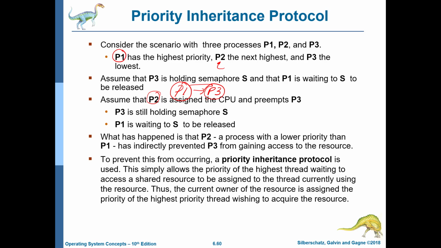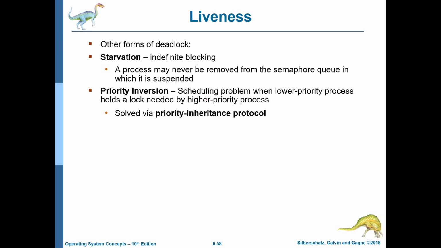That until P3 is using the semaphore, it will run with a high priority, which is process P1's priority, in the sense that it will inherit the priority of the waiting process. So its priority will get jacked up. Then it will finish its job, and after that, process P1 will get access to the semaphore because it has the highest priority anyway. And once it finishes, P2 will get access.